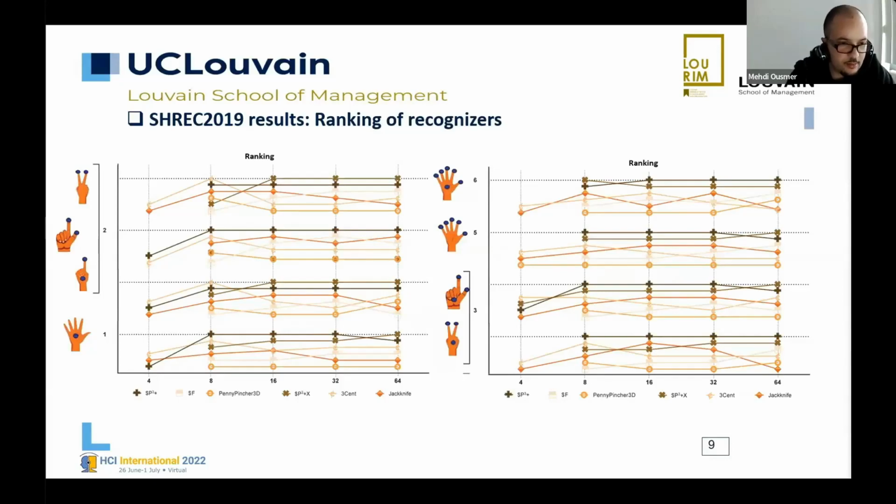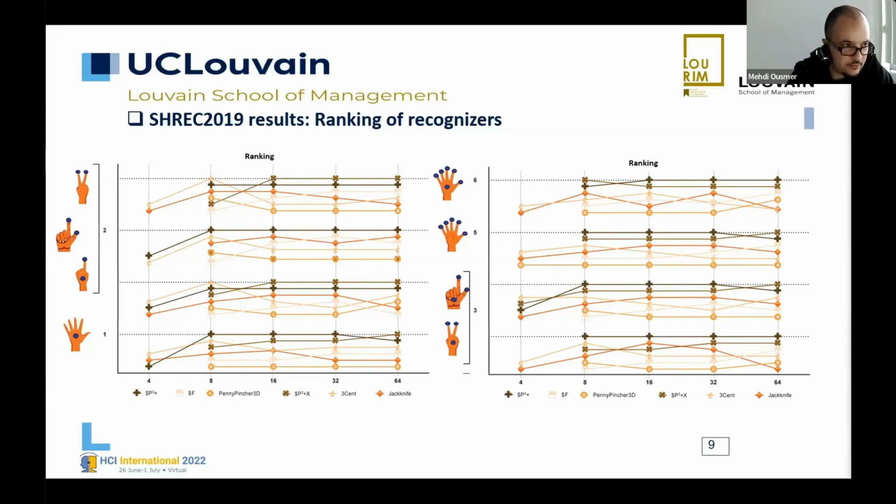On this slide, based on the recognition rates, we try to create a ranking of recognizers depending on two variables, which are the number of points on the x-axis and the number of joints on the y-axis. As you can see, we selected only the ones with a recognition rate greater than or equal to 80%.